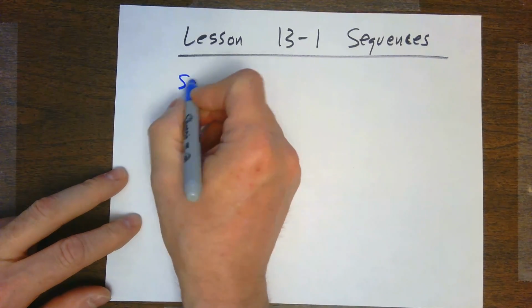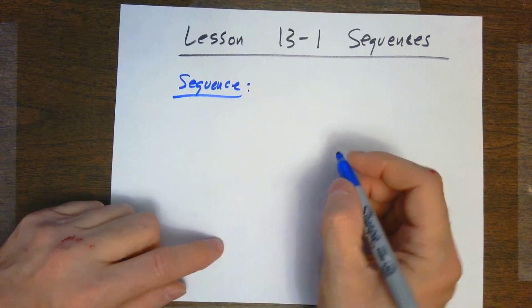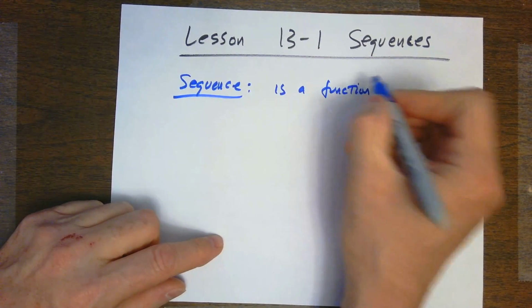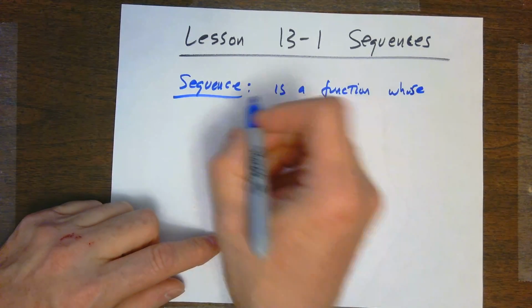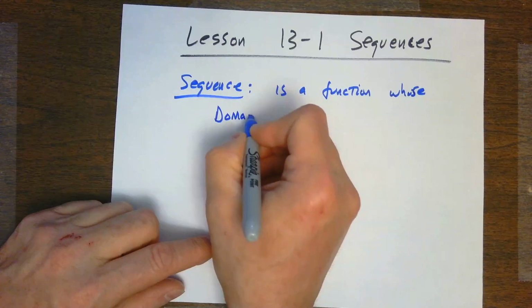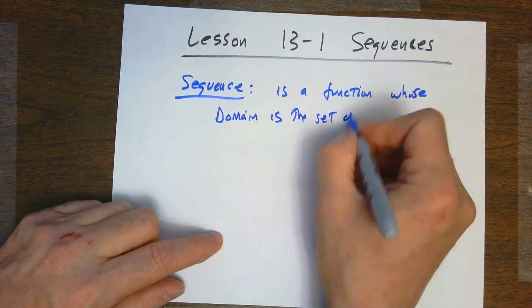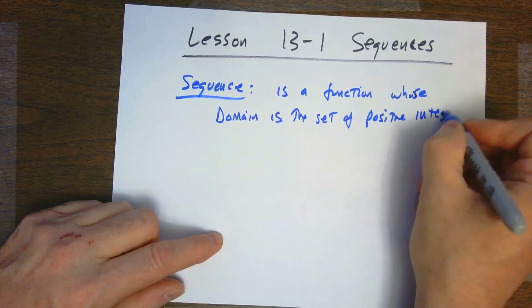First, what is a sequence? Mathematically speaking, a sequence is a function whose domain is the set of positive integers.